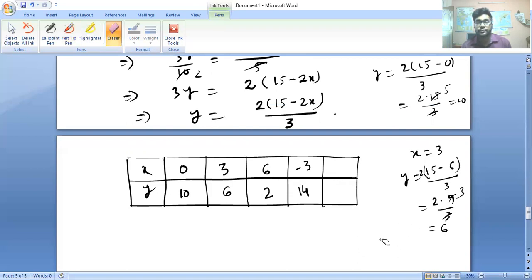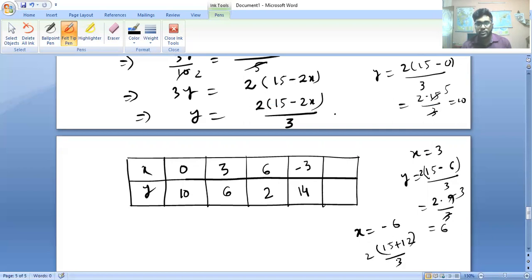And take another minus. Suppose if I put x ka value minus 6, what comes? 15 plus 12, right?